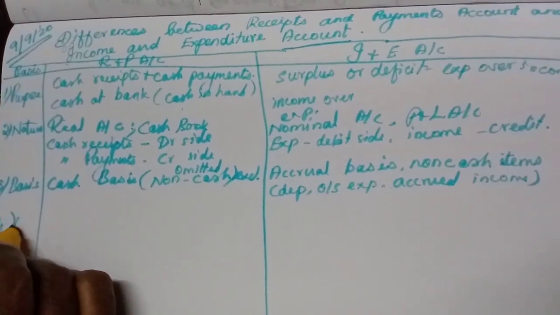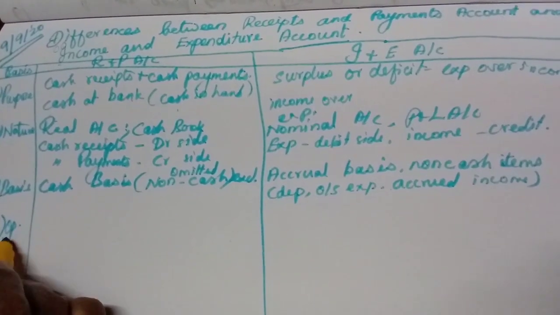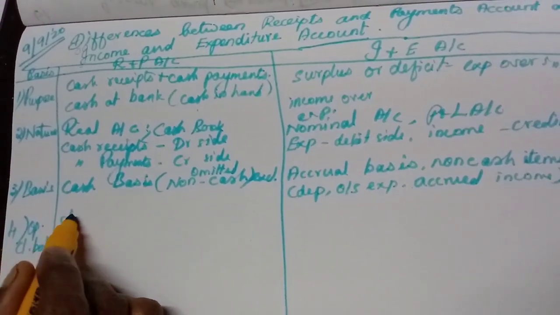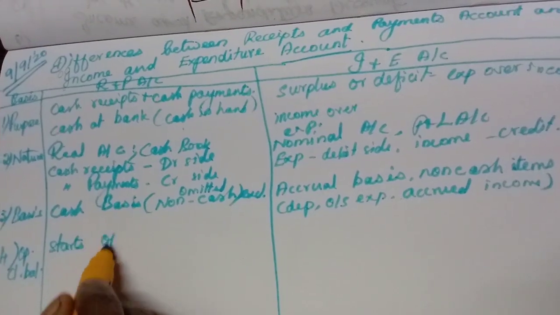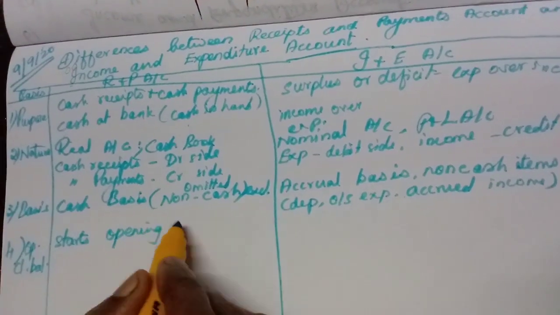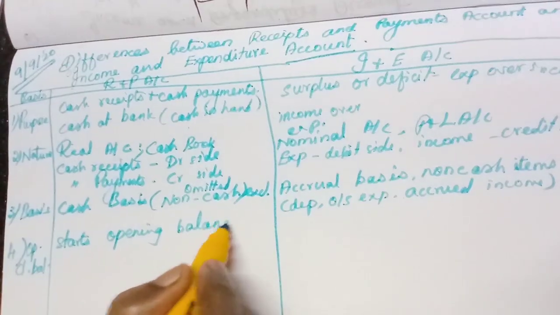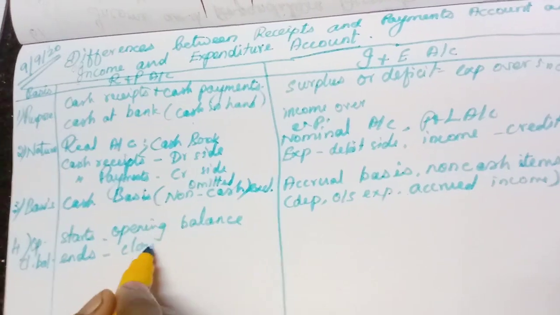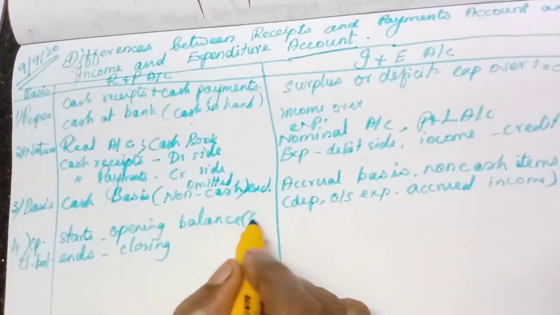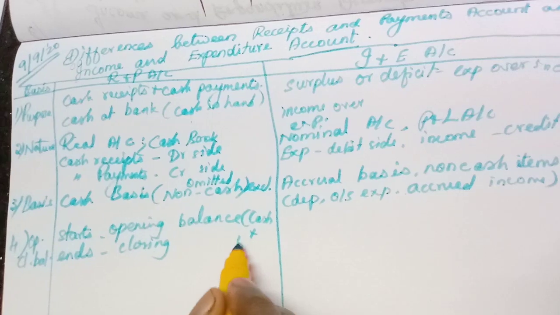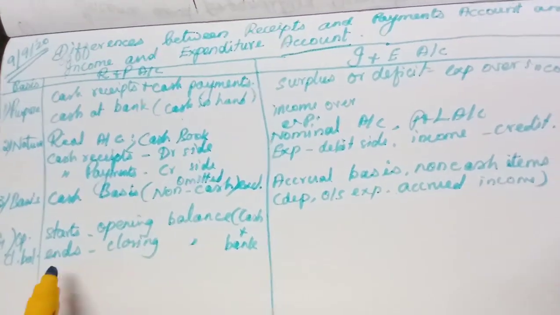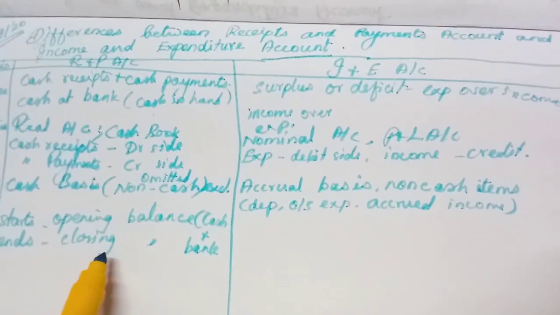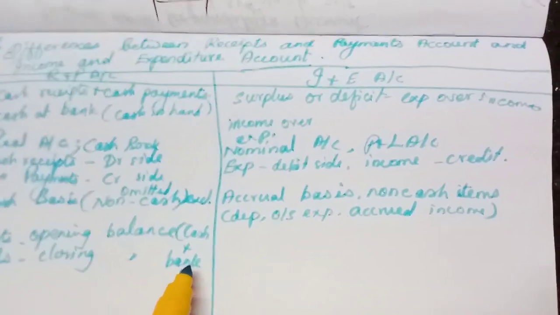Then opening and closing balance. Here it starts with opening balance, isn't it? Opening balance and ends with closing balance of cash and bank. It starts with the opening balance of cash in hand and cash at bank and ends with the closing balance of cash in hand and cash at bank.